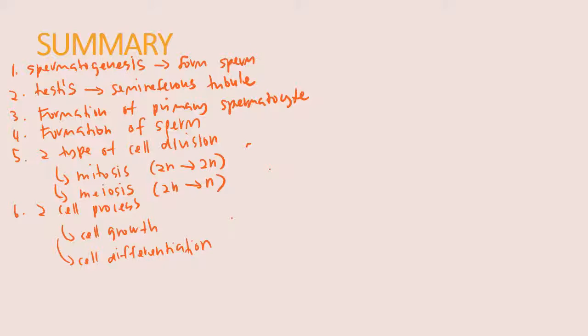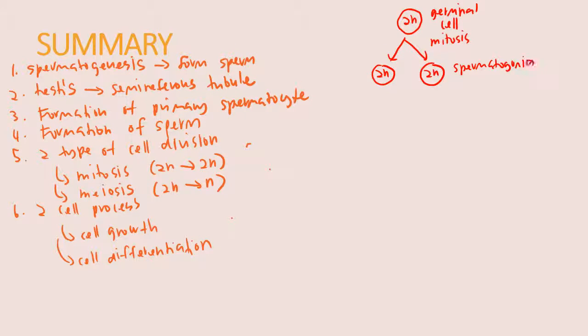Now let's recap on how the sperm is produced. It starts with the germinal cell of the seminiferous tubule, which is diploid. This cell will undergo mitosis to form two diploid cells known as the spermatogonia.